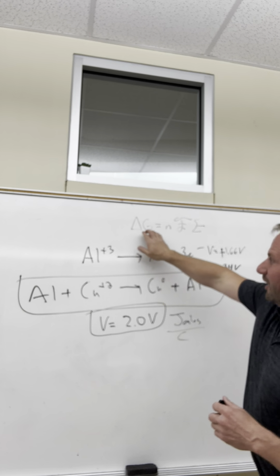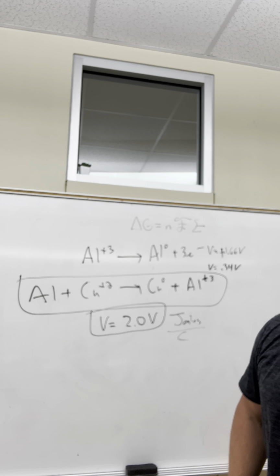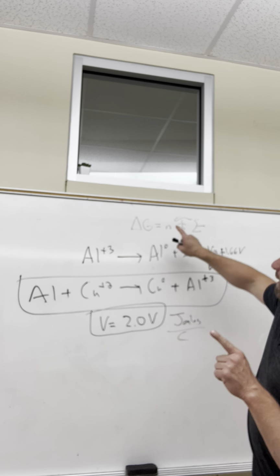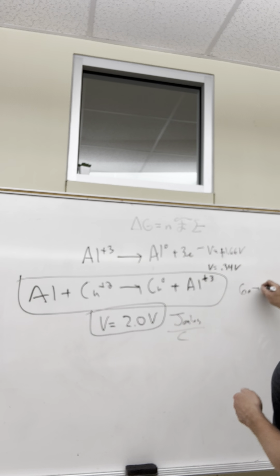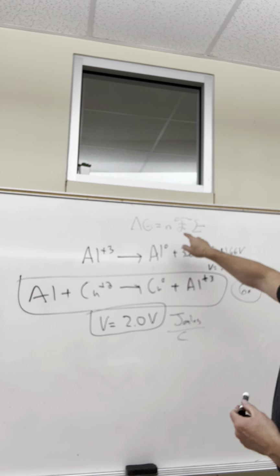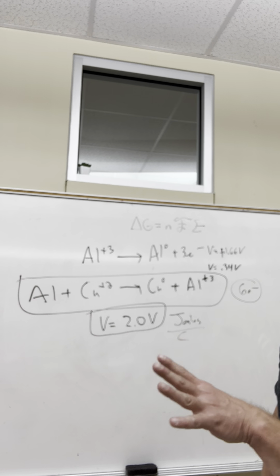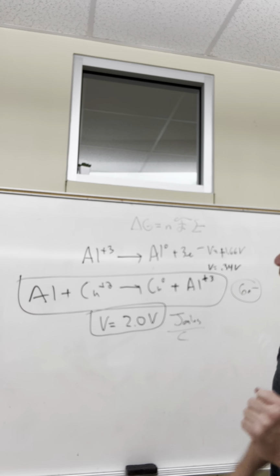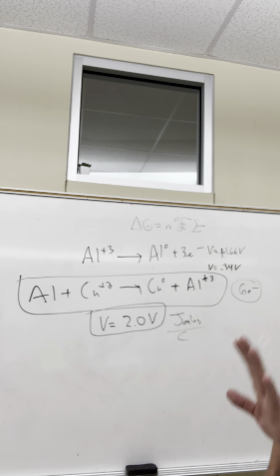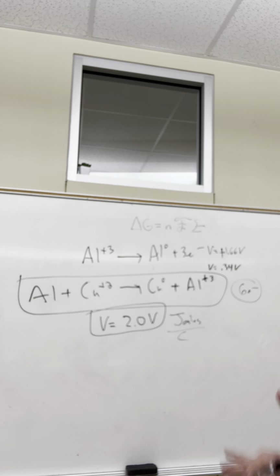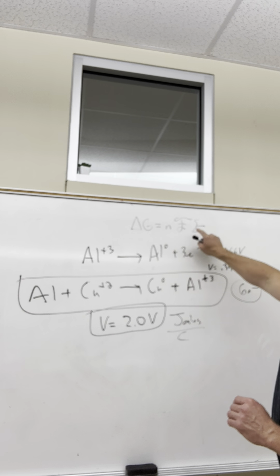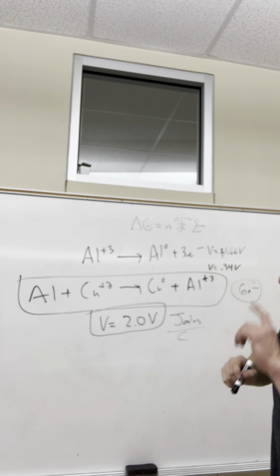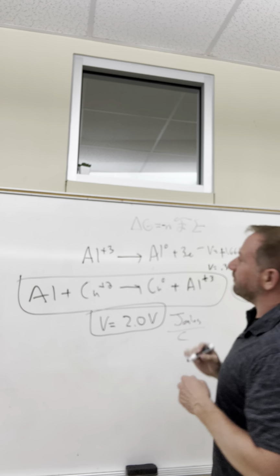But this is delta G. Remember, if delta G is negative, it's spontaneous. n is moles of electrons exchanged. What do we have here? 6 electrons. F is Faraday's constant, greatest scientist of all time, Michael Faraday. We have ourselves Faraday's constant. We're going to talk about what it means, but right now, just as a constant, leave it alone.